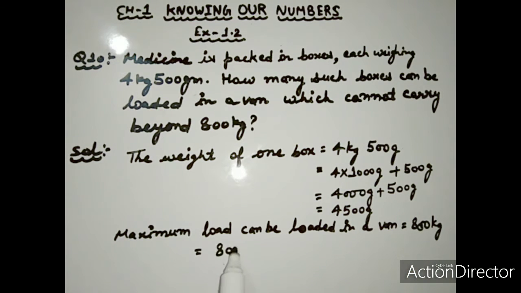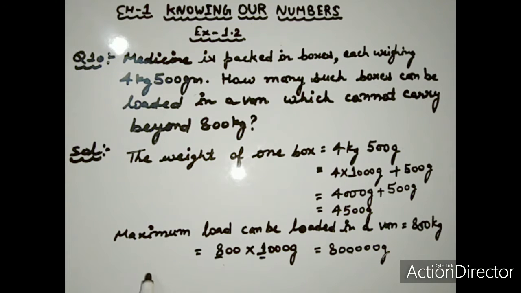So here we multiply 800 by 1000 gram because 1 kilogram equal to 1000 gram. So here we multiply 8 and 1, 8 ones are 8, and after that we put 5 zeros, 1 2 3 4 5, because the total number of zeros is 5. So here we get 8 lakh gram.